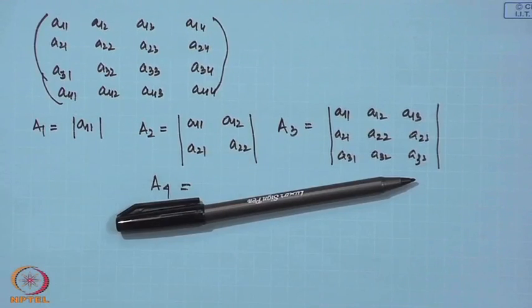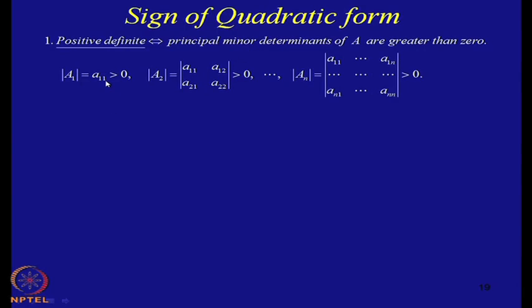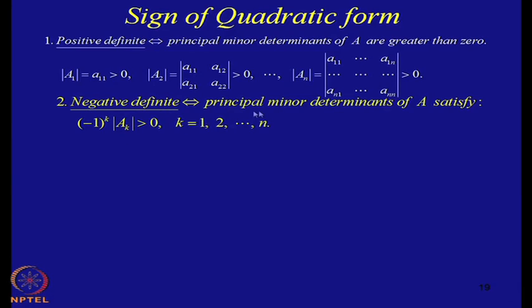That is why, if we have a matrix of size n by n, we can say this is the first principal minor, the second principal minor, and this is the nth principal minor. If all the determinant values are positive, then the corresponding quadratic form is positive definite. And if the principal minor determinants have alternating signs starting from negative, then the corresponding quadratic form would be negative definite, where k runs from 1 to n.